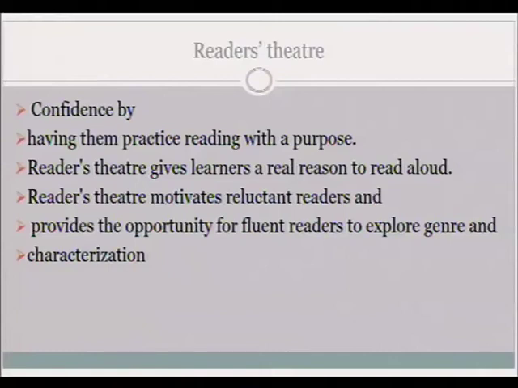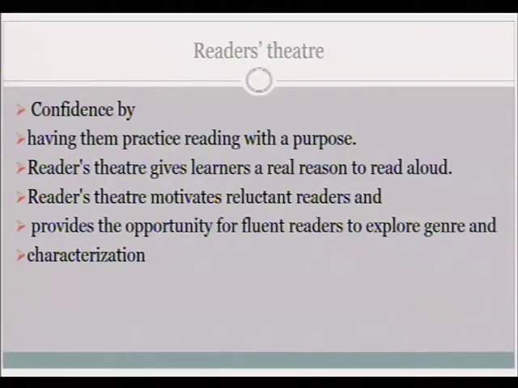Readers' theaters give learners a real reason to read aloud because they are performing, so they can read aloud so that what they are saying is heard. Readers' theater motivates reluctant readers and provides the opportunity for fluent readers to explore genre and characterization.